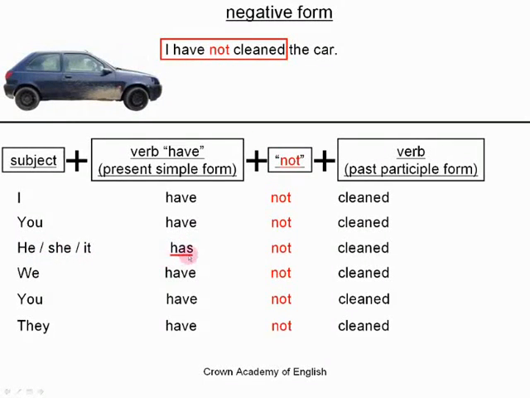It is the only one where we say has and not have. And notice that the past participle form is always the same for each subject. So this never changes. Okay? So that makes it a little bit easier.